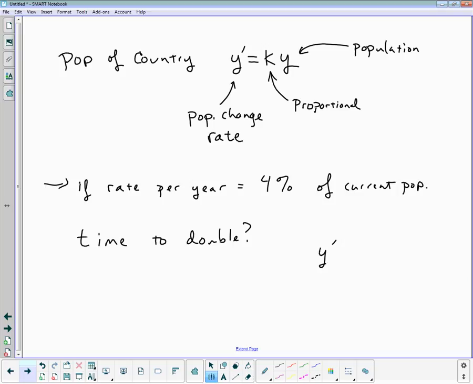is equal to 4% of the current population. Okay? Now, for a moment, let's ask ourselves this important question.